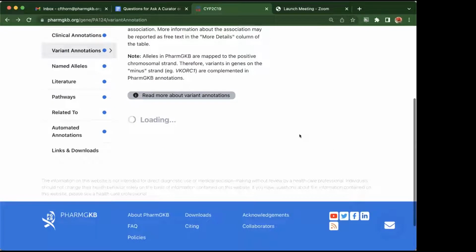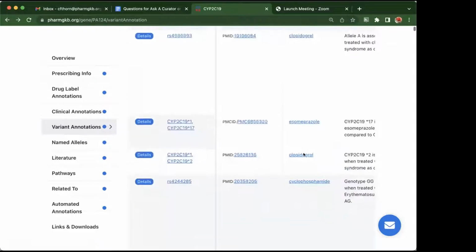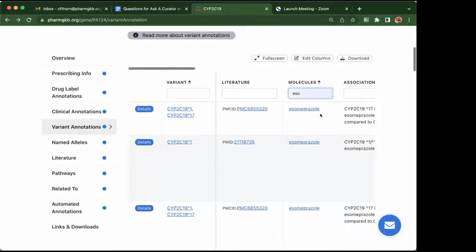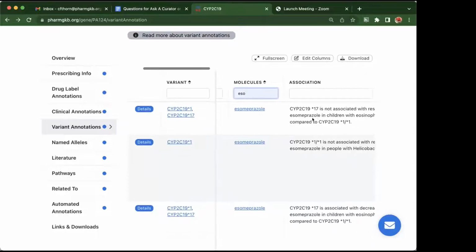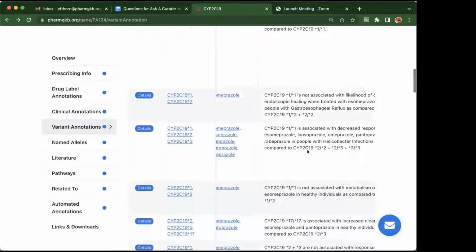Sorry, my browser's messing that up. So yeah, you could look for your particular drug of interest and then see all the variant annotations.